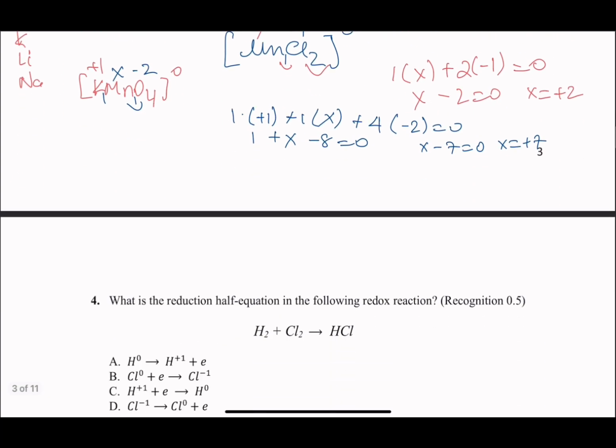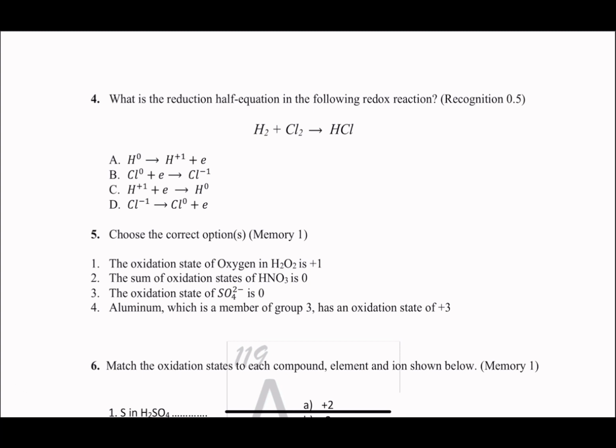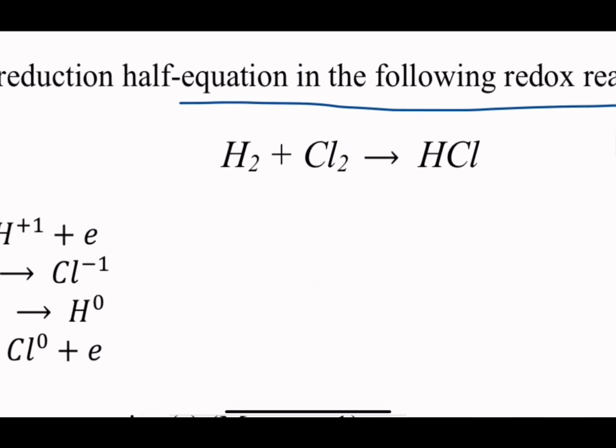Okay, now we'll move on to the fourth question. On this one we had, what's the reduction equation in the following redox reaction? So I'm going to show you guys how to get the half reactions on this one. I know that a lot of you asked. So here we go. First thing you do is write down oxidation numbers.